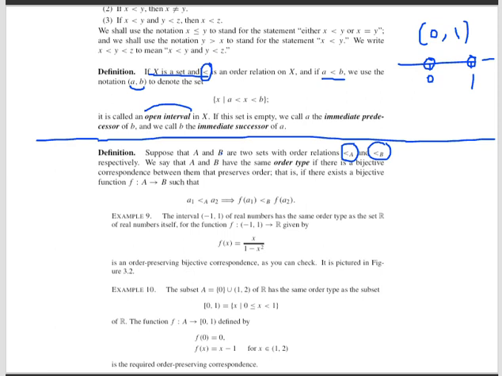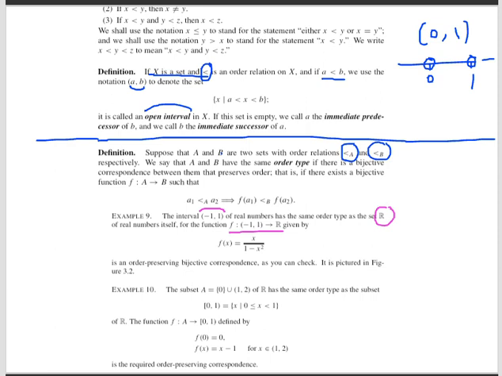Okay. Here is an example, a very beautiful example for the same order type. The interval (-1, 1) and R. Okay. I define F as follows. F(x) is equal to x over 1 minus x squared.